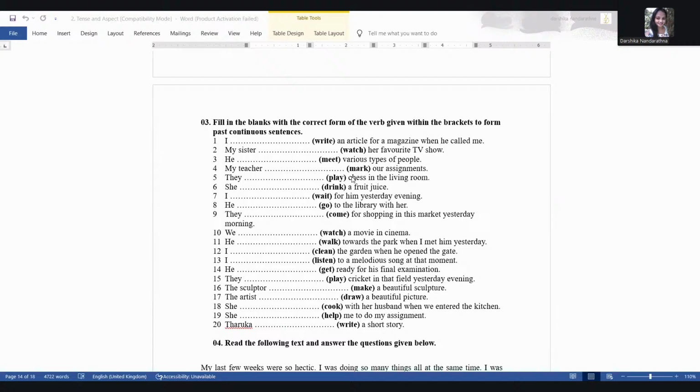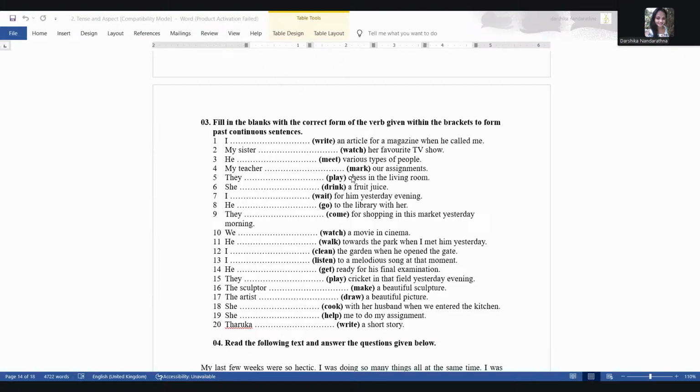I was listening to a melodious song at that moment. He was getting ready for his final examination. They were playing cricket in that field yesterday evening. The sculptor was making a beautiful sculpture.